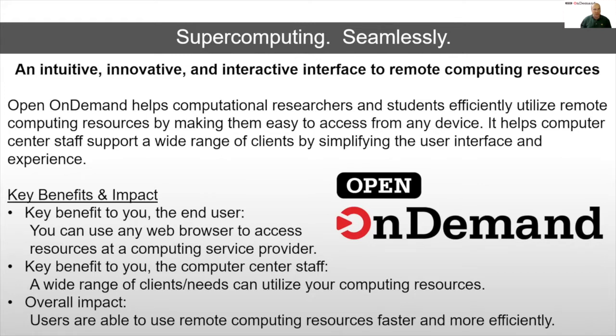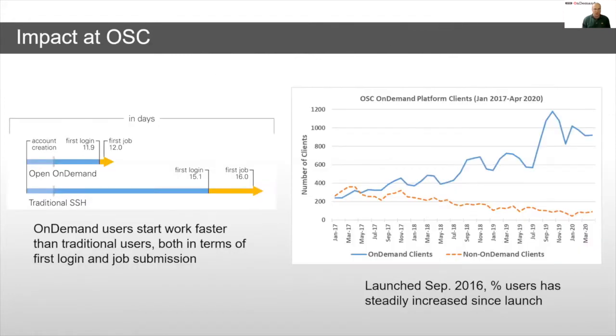And to demonstrate that, this is a little bit of an old chart, but some impact at OSC. We obviously run it at OSC. You can see here that since the introduction a little over 4 or 5 years ago, the number of clients on a month-to-month basis that use OnDemand at OSC has gotten to the point where it's pretty much everybody.